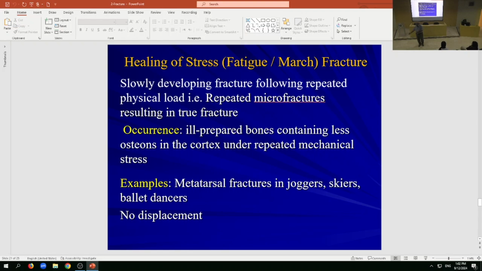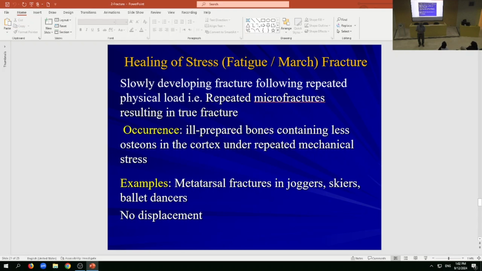So with time this fracture started, it's a micro fracture. Every time they run there are several micro fractures, but the body started to repair them by forming callus.